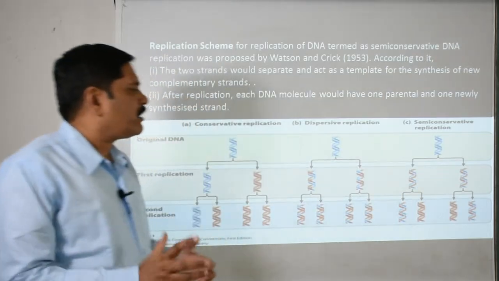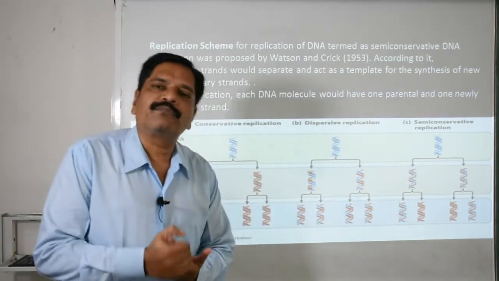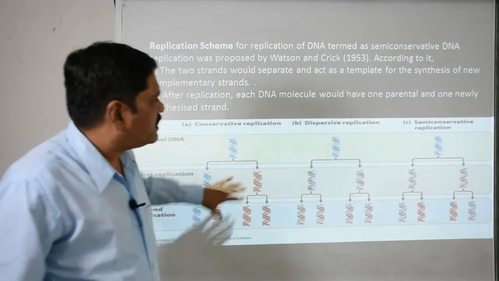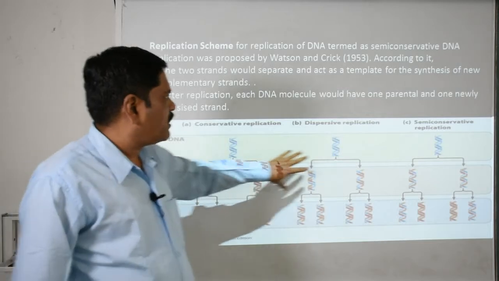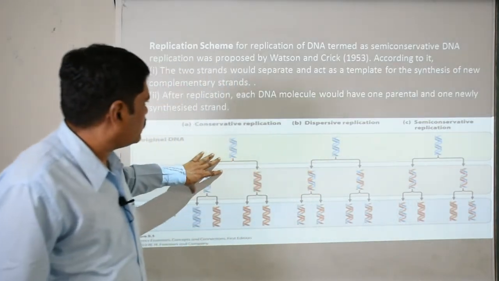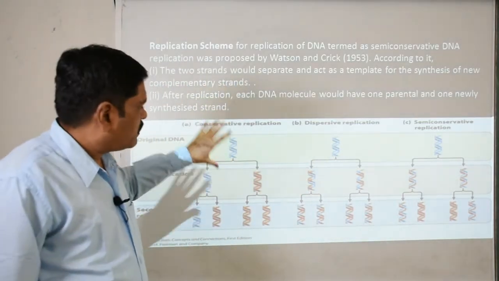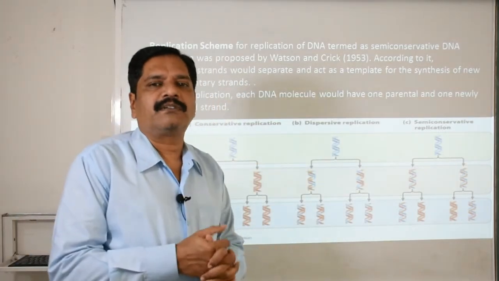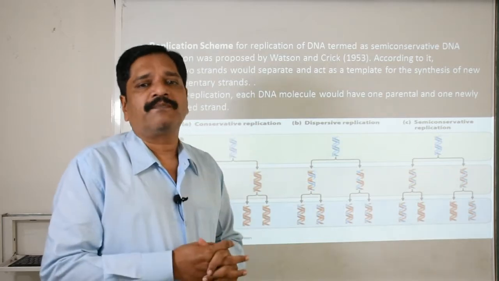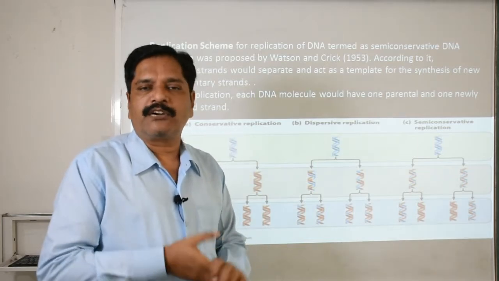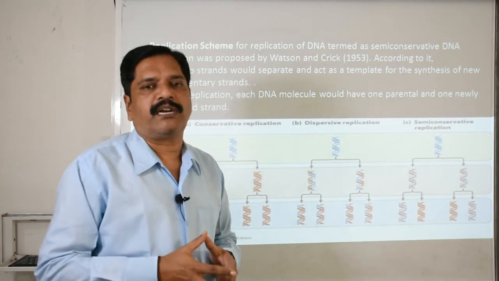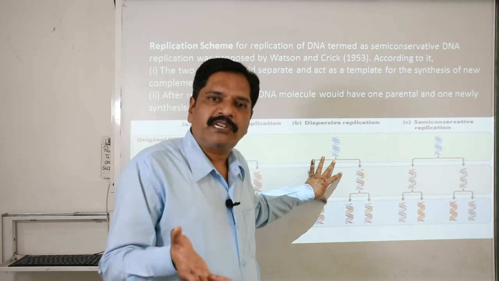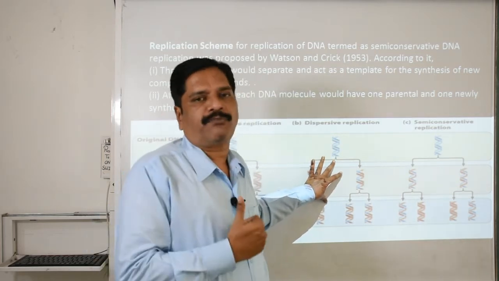So if we shuffle the possibilities of these replication methods, we can easily discard two of them, the dispersive and the conservative, because there is a full chance of disturbance in the arrangement of the DNA nitrogenous bases, or nucleotides. So there is more possibility of mutation and of getting more variable forms of DNA.